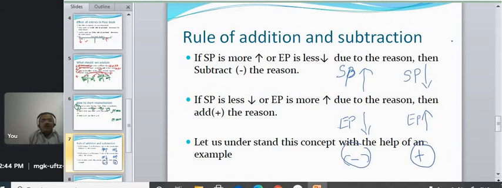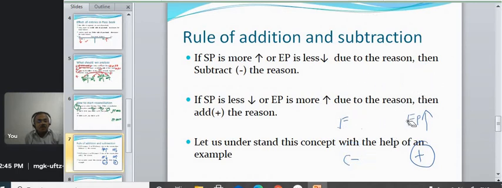Now let me study this with the help of the statements given here. I'll erase this so that I can write it once again after reading each sentence given there. I hope students are following.